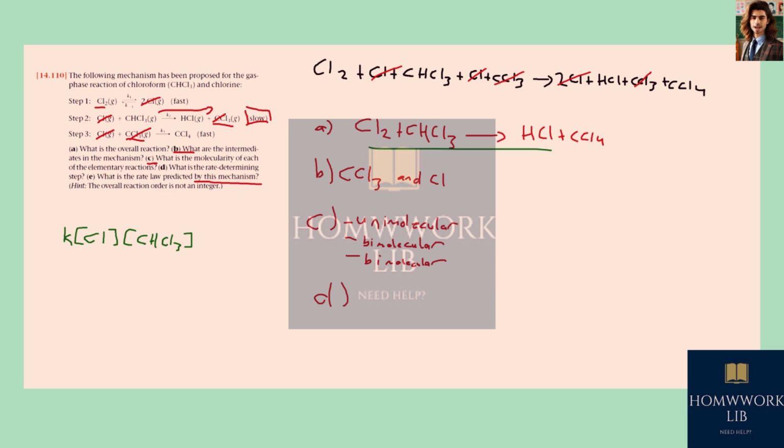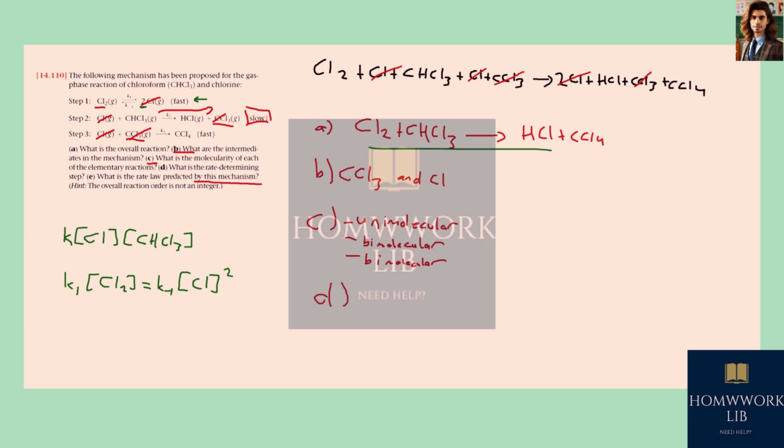How we can do that is to look at step 1. Over there we have k1 times Cl2 equal to k minus 1, the reverse reaction, times Cl to the power of 2, since there's a 2 over here.